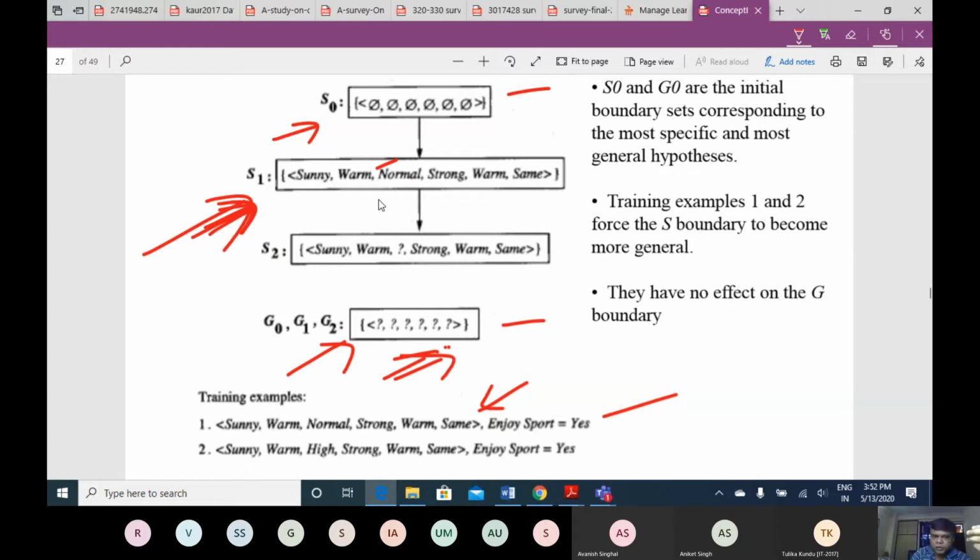Can anybody answer this question? Can you give me any one hypothesis which lies between these two, which is more general than this and more specific than this? Anyone?